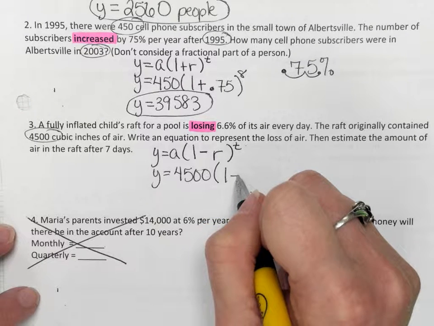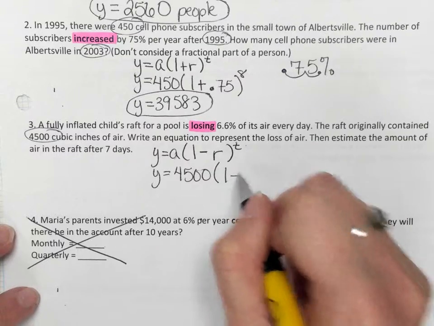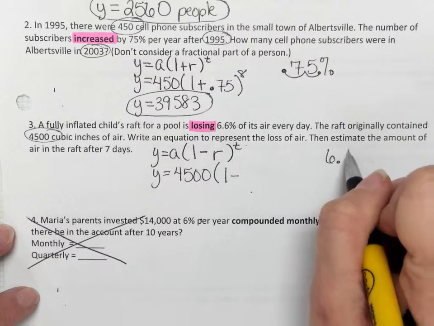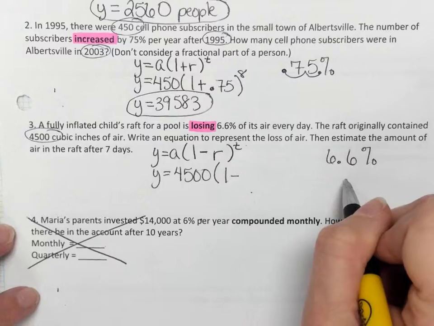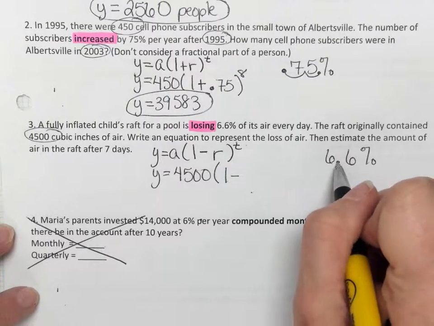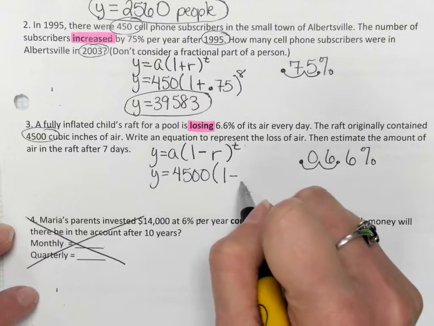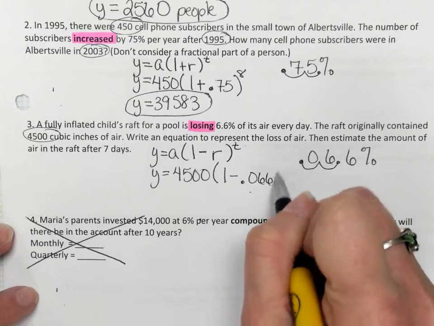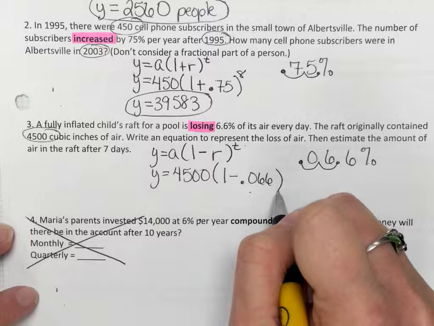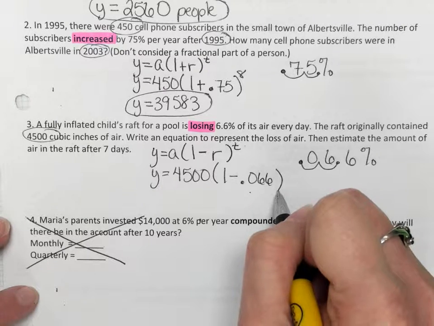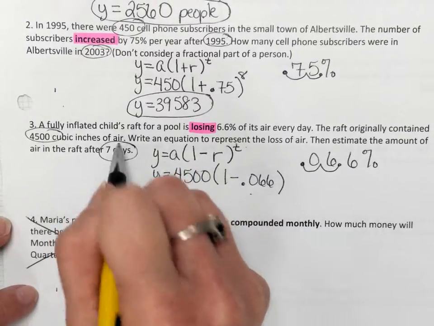R is your percent. 6.6, right, Catherine? All right, so let's move that decimal 2 places. It's 2 every single time. So it's 0.066. Close it. T is my time. How many days? 7 days. Very good.